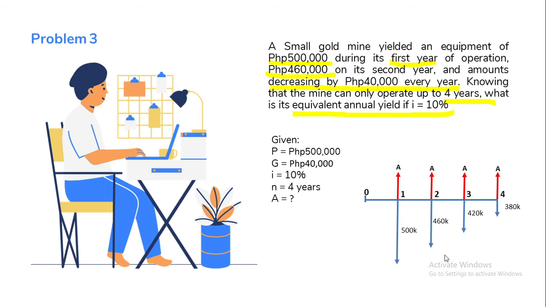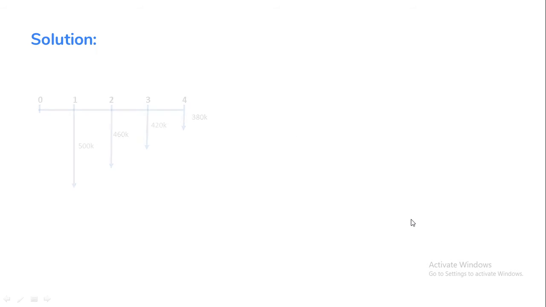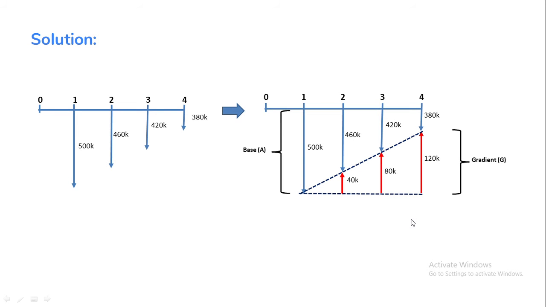So to solve this problem, we need to find the equivalent annual yield, which is the A. Instead of increasing, what is its equivalent value in uniform series if it is decreasing? Unlike in increasing, in decreasing we need to add the deducted amount in the cash flow so that it will look like this.